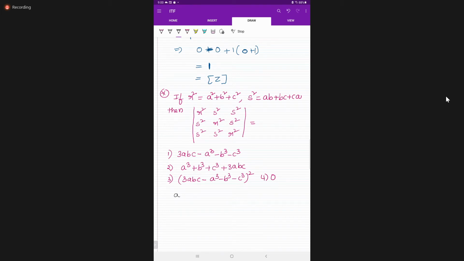Take 0, 1, 2, like that. It is easy, right? Easy values 0, 1, 2, like that. Substitute and tell me the answer, students.